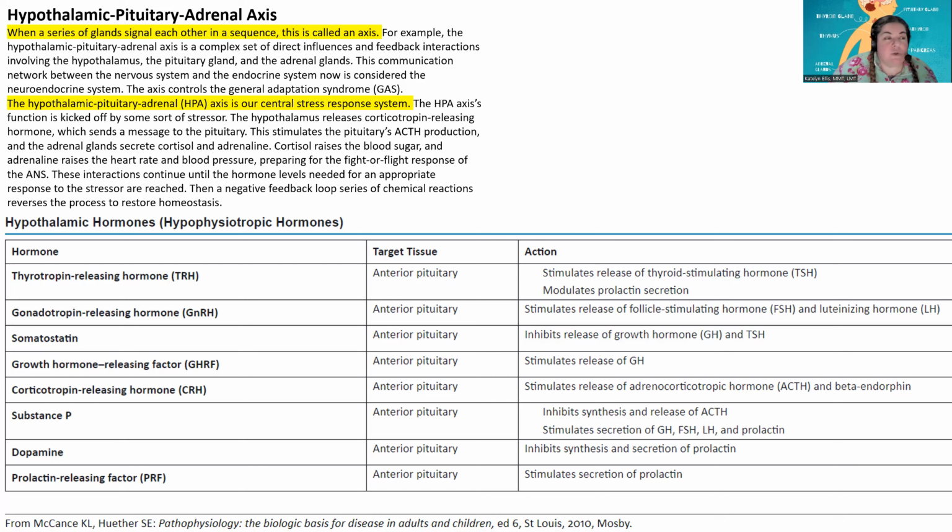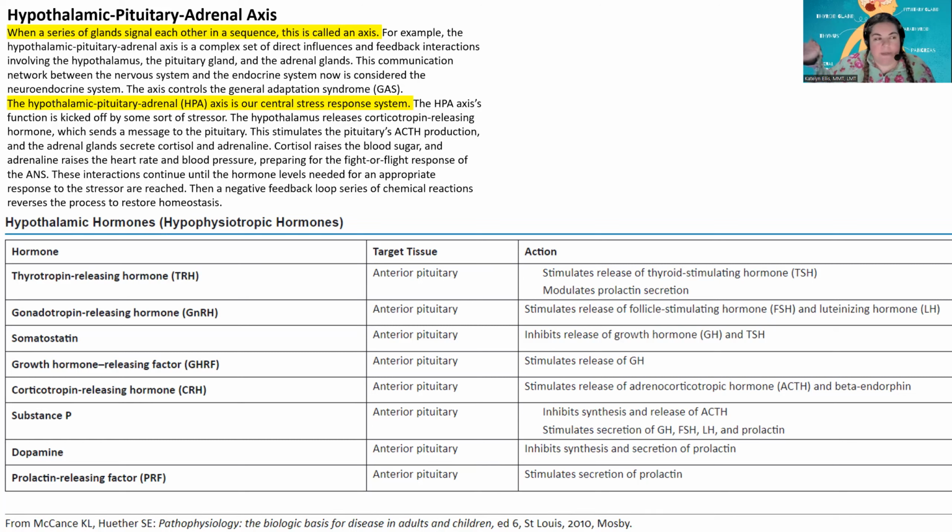The hypothalamic pituitary adrenal axis is our central stress response system. The hypothalamus is like, oh, what's happening? And then it sends information to the pituitary gland that goes, oh, I need to manage these workers, work harder. And then the workers tell the adrenals, oh, produce cortisol and make this person extremely stressed.